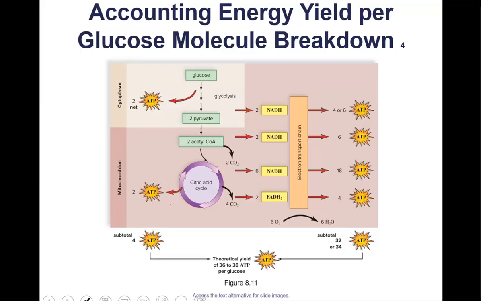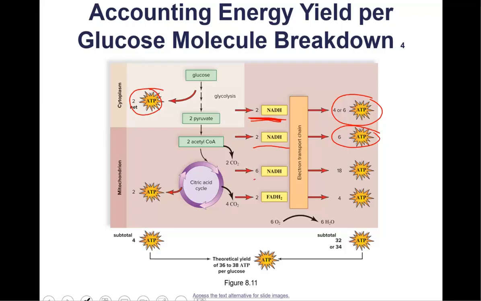In this summary, it shows you how many ATPs are produced from the NADHs and the FADH2s. So if you look, glycolysis is going to produce 2 ATPs directly and then 2 NADH molecules. Those will be used to produce either 4 or 6 ATP molecules. And then the 2 NADH molecules produced in the prep reaction will produce 6 ATPs in the electron transport chain.